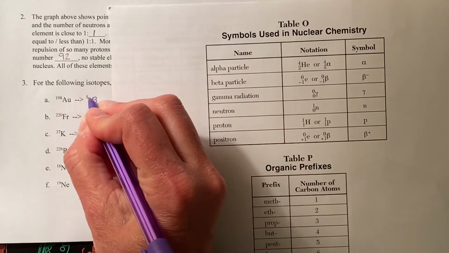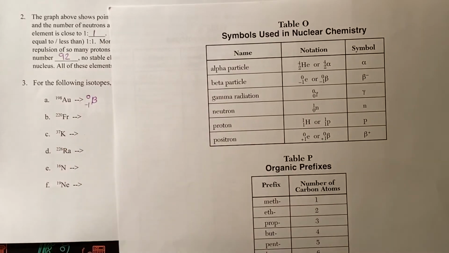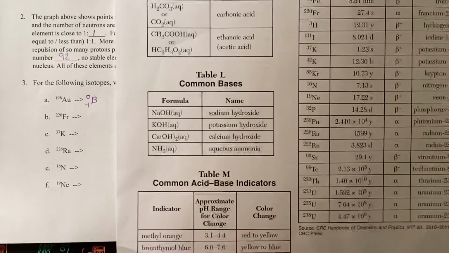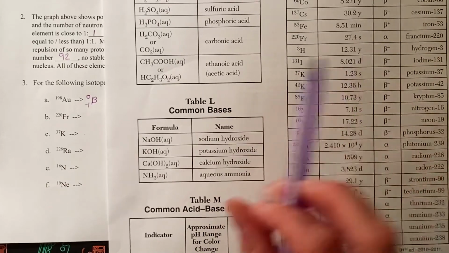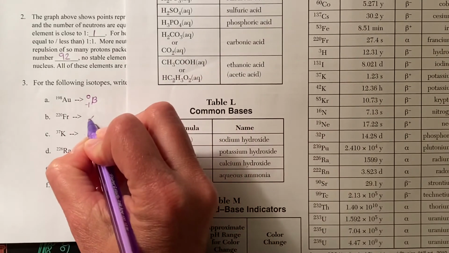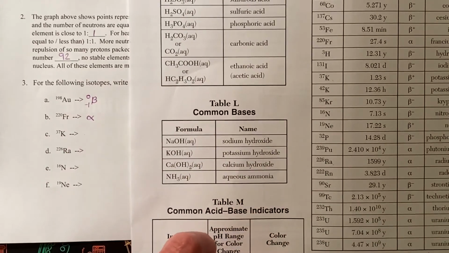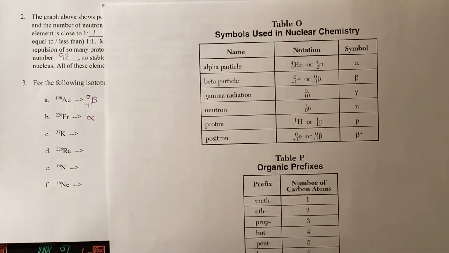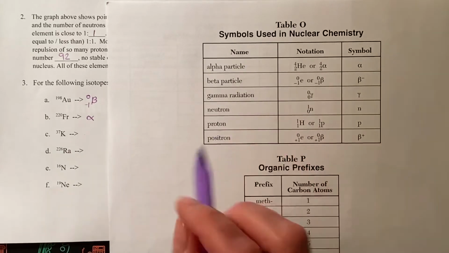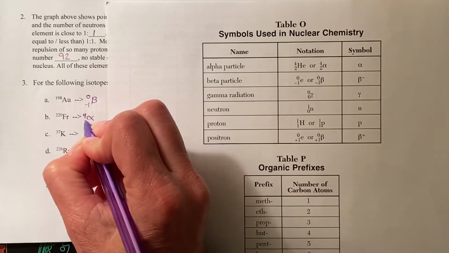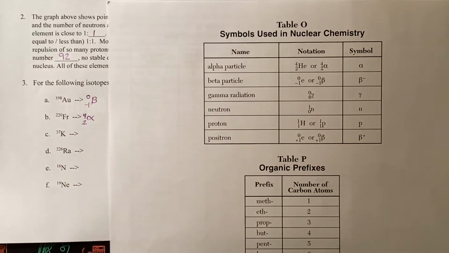So I'm going to put a mass of 0 and a -1 charge. Francium 220, alpha decay. So I put the alpha symbol there. The alpha particle has a mass of 4 and a charge of 2. So 4 on the top, 2 on the bottom.